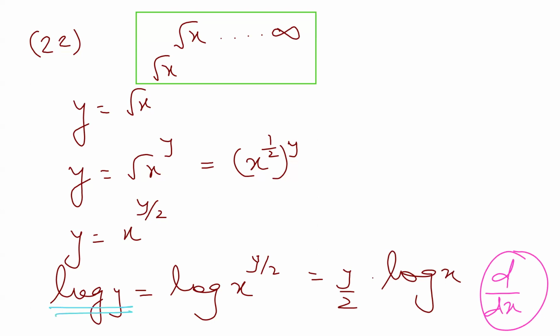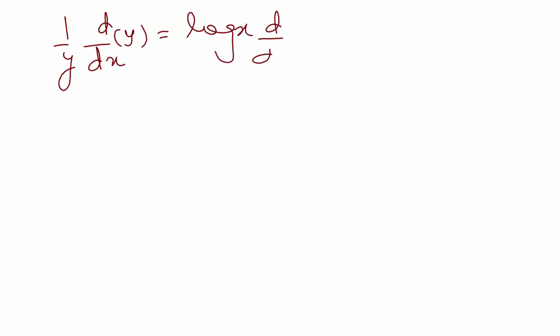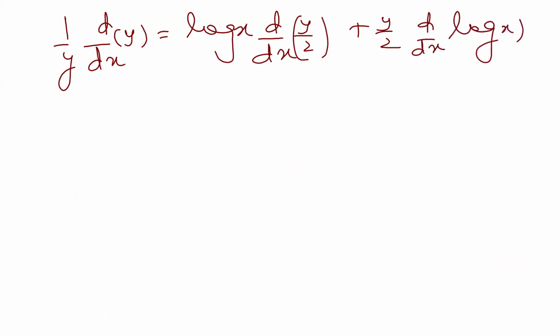So the left hand side will be 1 upon y d by dx of y, and the right hand side will be the u into v rule, that is your product rule. So 1 upon y d by dx of y is equal to log x d by dx of y upon 2 plus y upon 2 d by dx of log x.